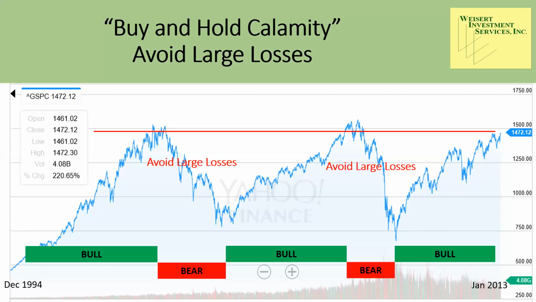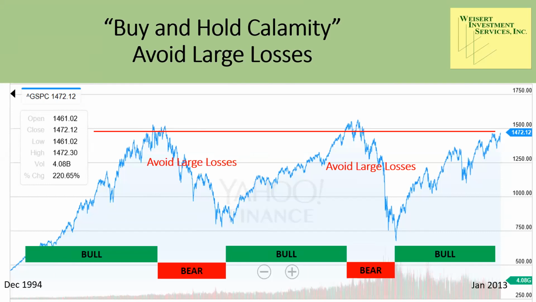As a little bit of history, you can see this is a time frame between 1994 and 2013. And this incorporated both of the major bear markets that occurred in 2000 and 2008. Basically, the dot-com era was the first one, and the second one was the financial mortgage problems that we had.